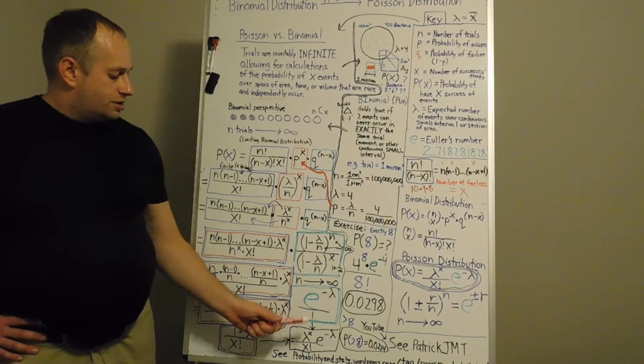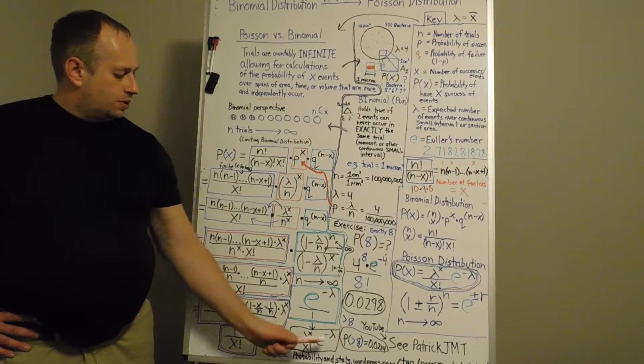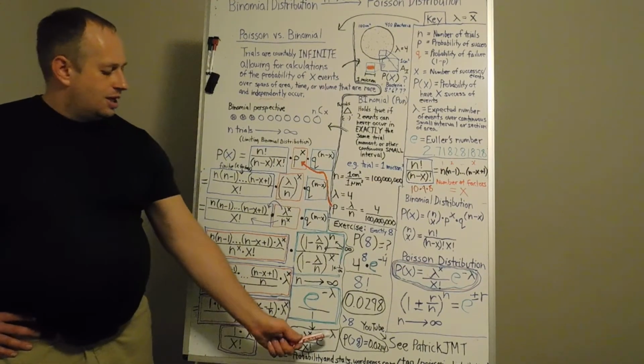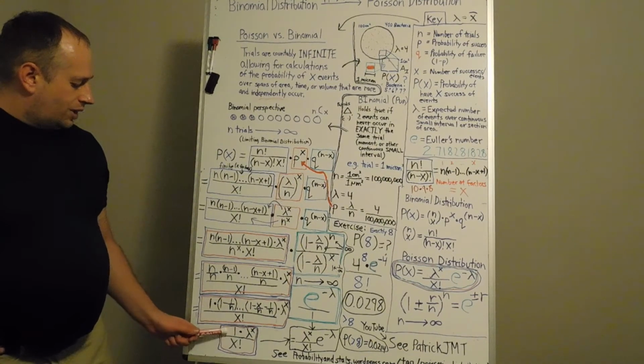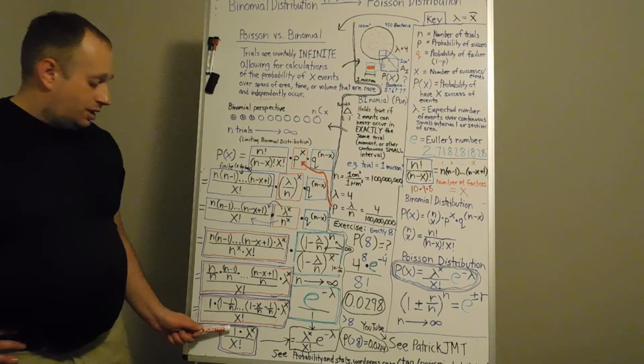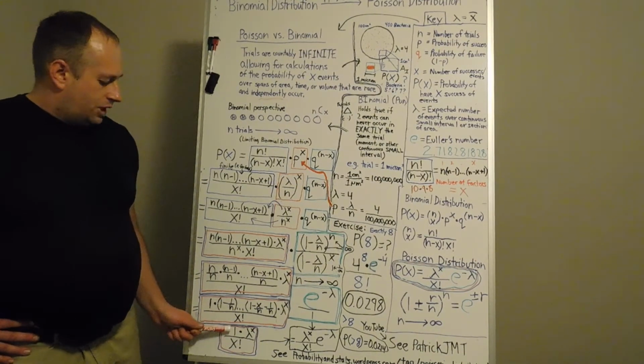So we can divide that by 1, and we just end up with Euler's number there, raised to the negative lambda. And as I stated earlier, the permutation cancels out here. It becomes 1.